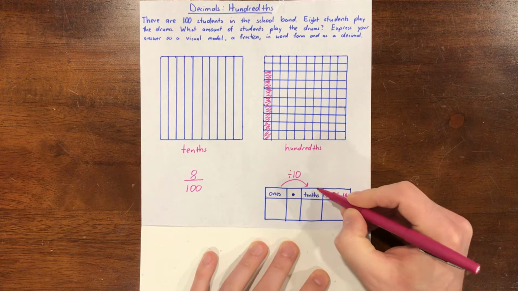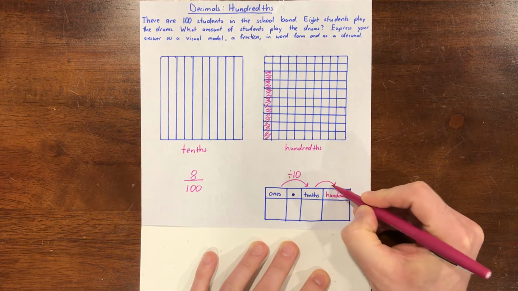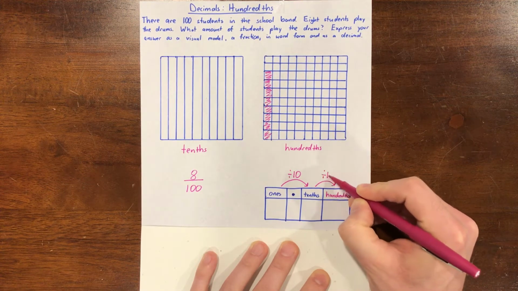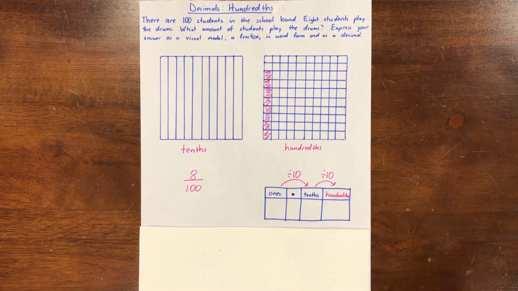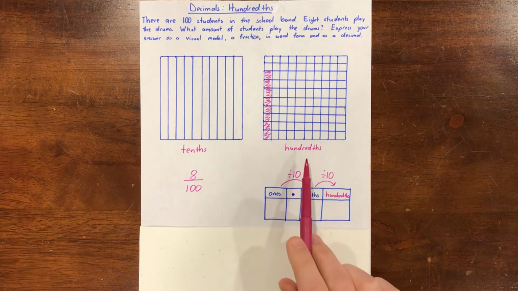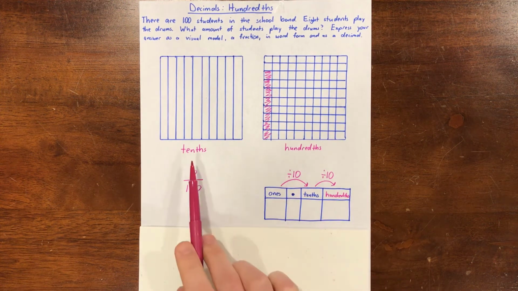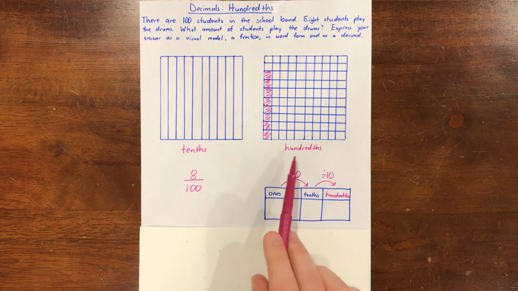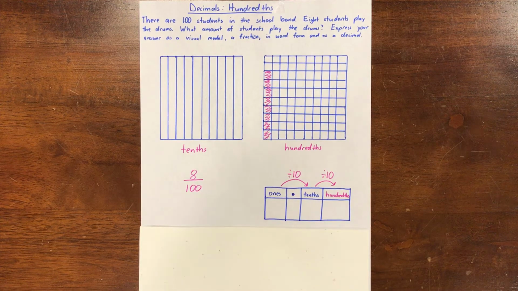Because if we take the tenths and we make them 10 times smaller, we get hundredths. Okay, how do you know that the hundredths are 10 times less than the tenths? Think about these visual models. Go ahead and explain it out loud.